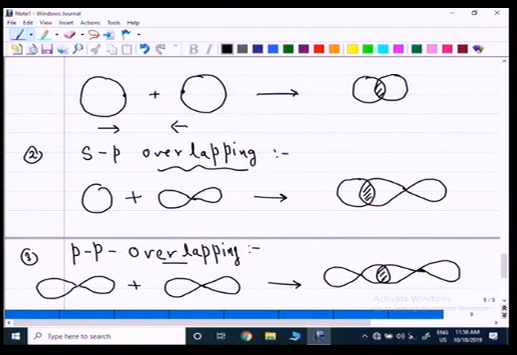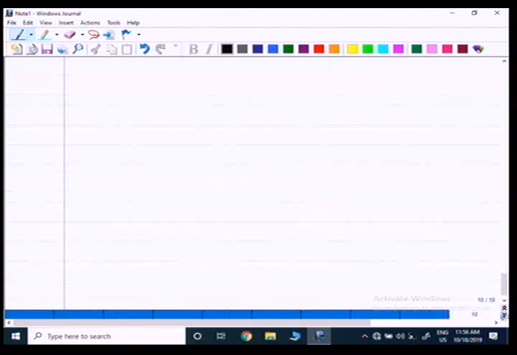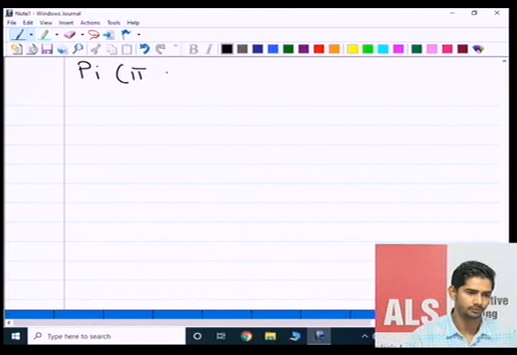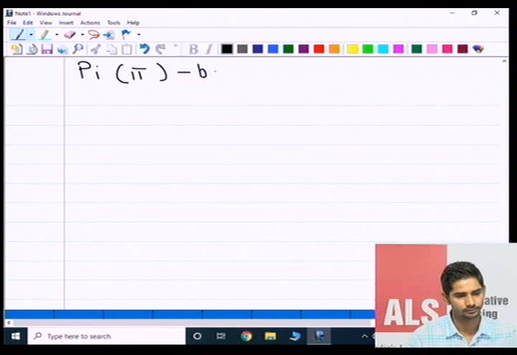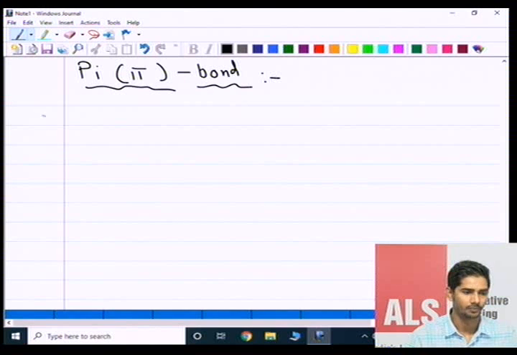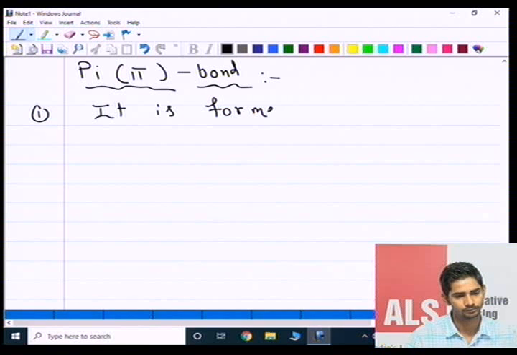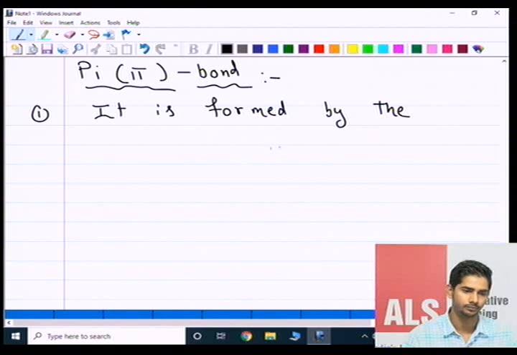So let's start with the pi bond. Pi bond, important points. First, it is formed by the sideways overlap.